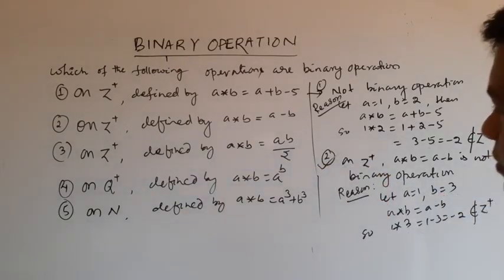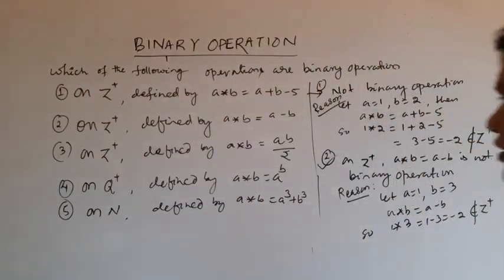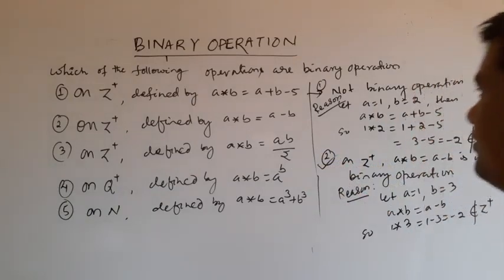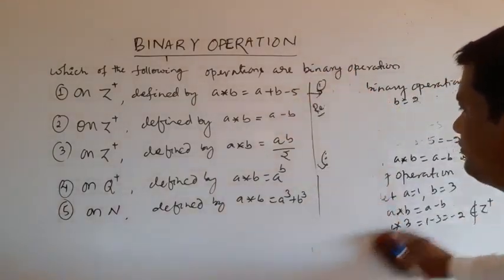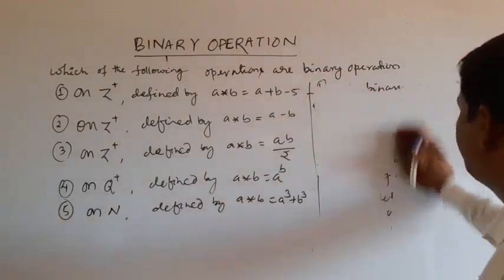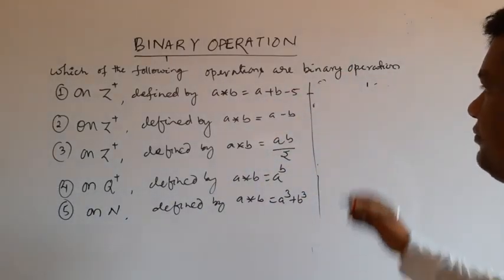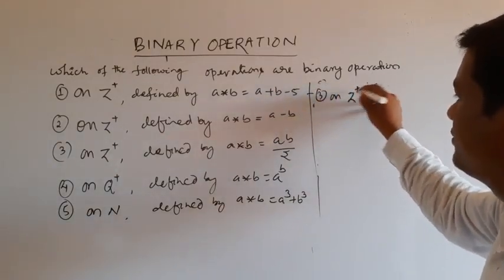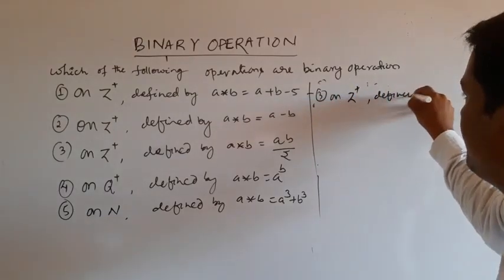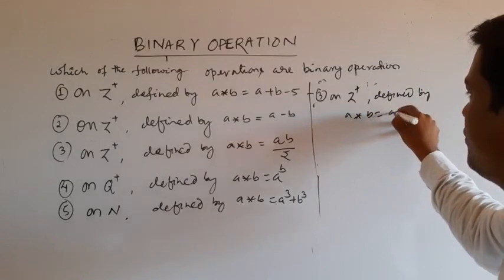Now question number 3 is also not a binary operation, because Z plus means the set of integers. Clear? Question number 3: on Z plus defined by a star b is equal to ab by 2.